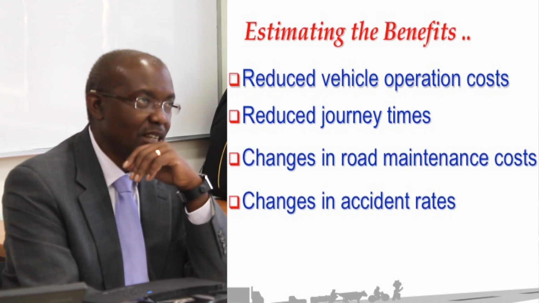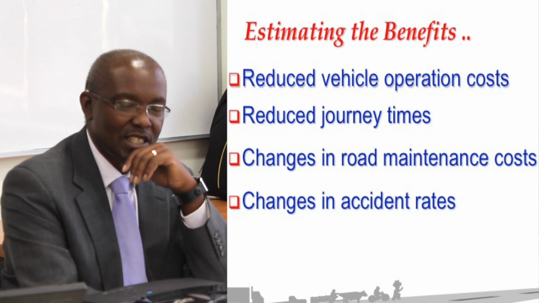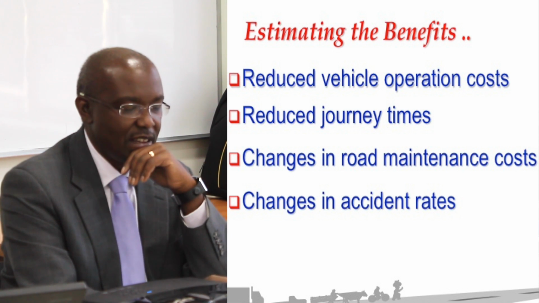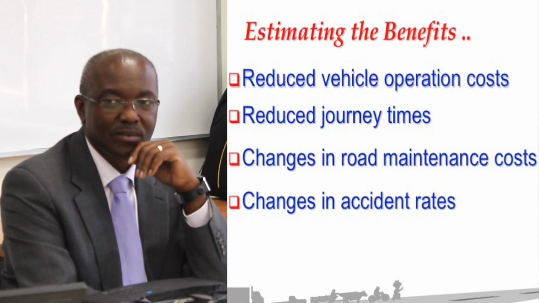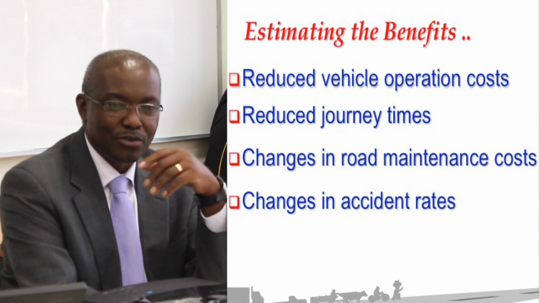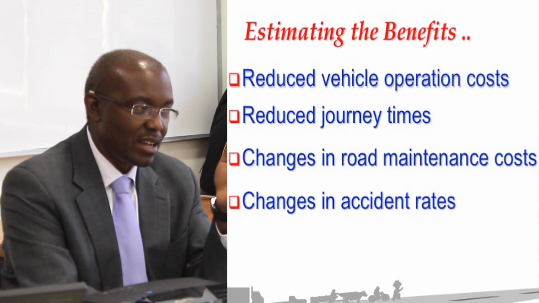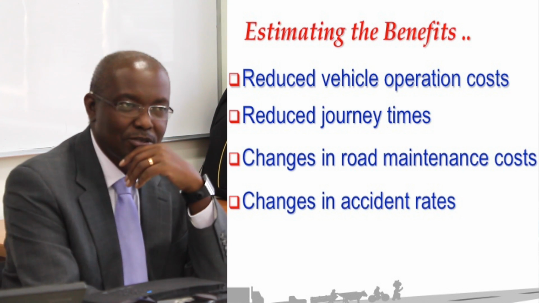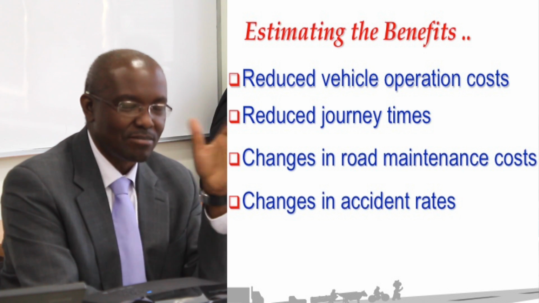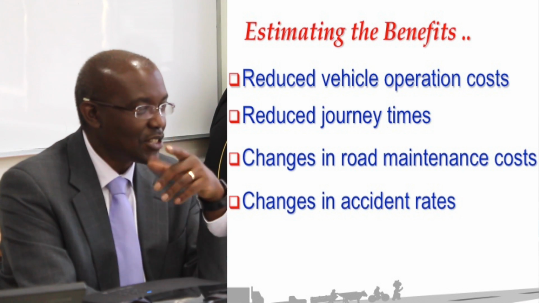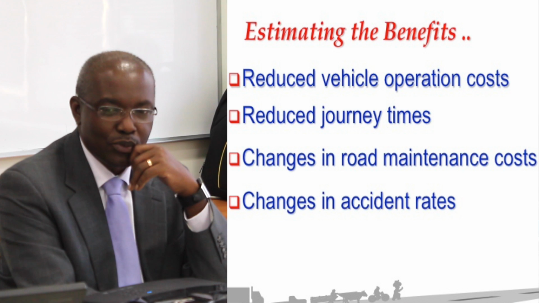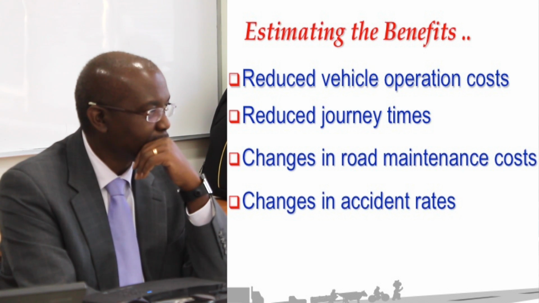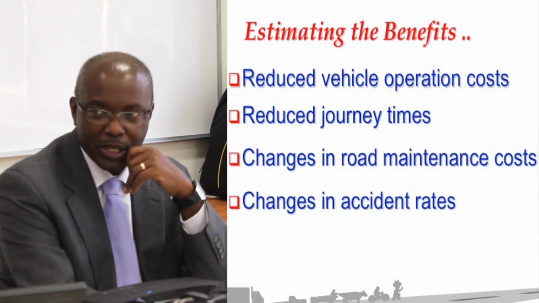What I didn't show in the table were other costs, like reduction in travel time. Okay? If you put a value of time, let's say at the moment it takes 1 hour to travel from Zestophony to Kutaisi. Make it easy. Okay? Once you construct it to 4 lanes, it will be reduced to say 40 minutes. So you're saving 20 minutes.